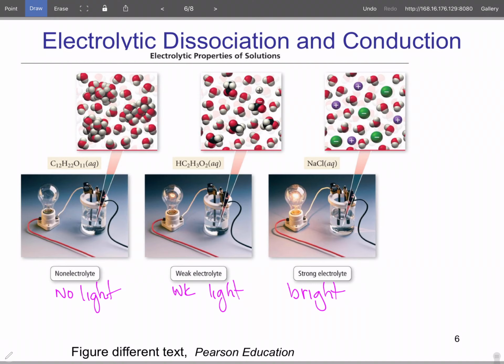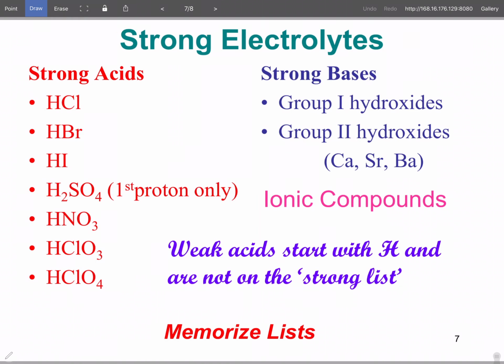So this is a strong electrolyte, a weak electrolyte, and a non-electrolyte in reverse order. And notice that this one's molecular, this one's a weak, and you might not know that, but I would throw that in so you would know. And this one is a strong.